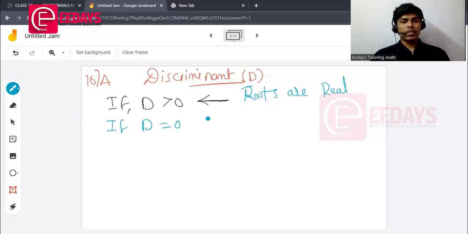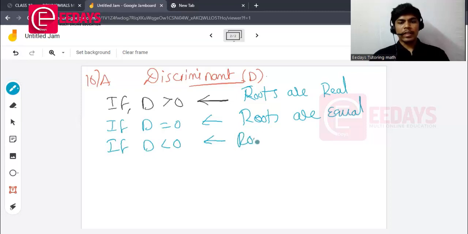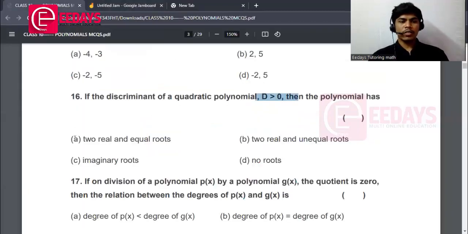If D is equal to 0, the roots are real and equal. If D is less than 0, the roots are imaginary.